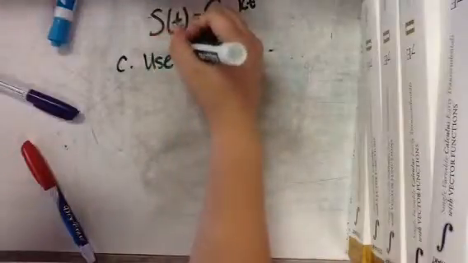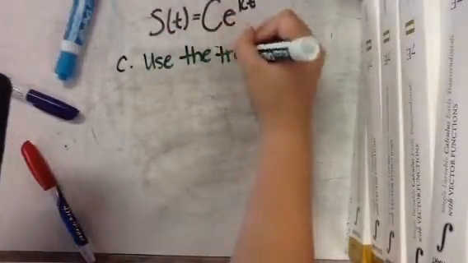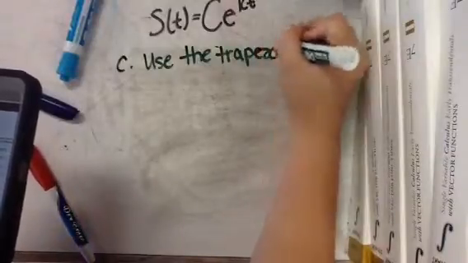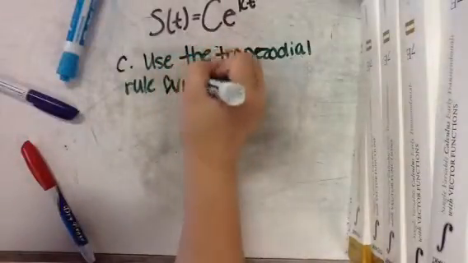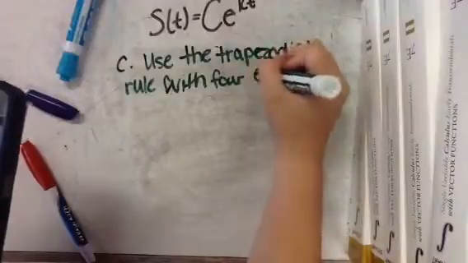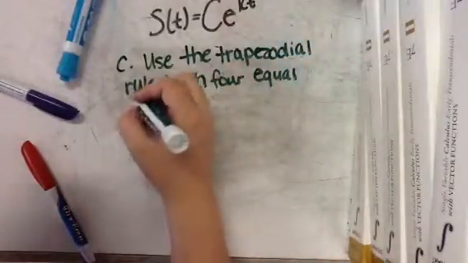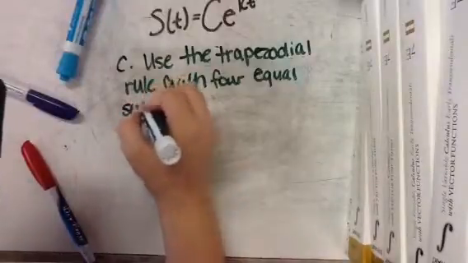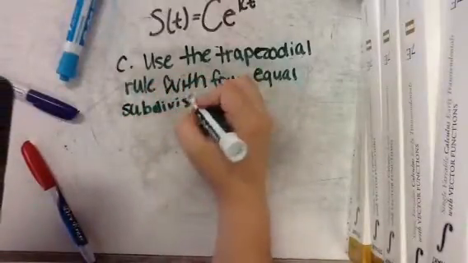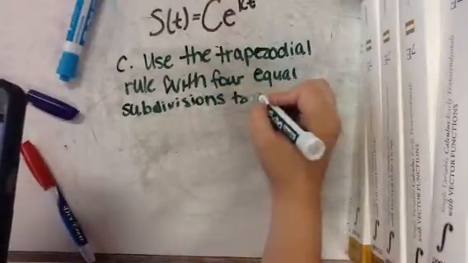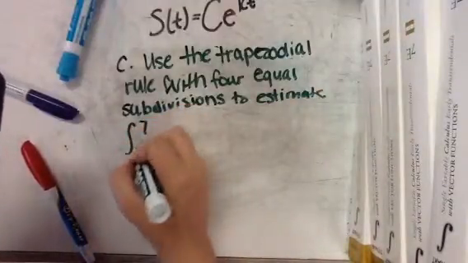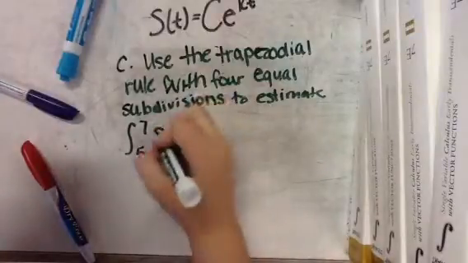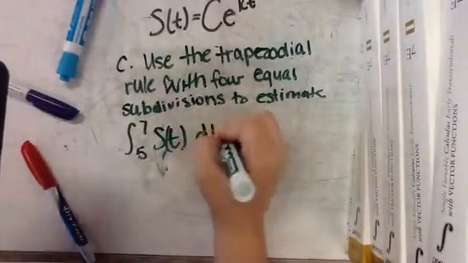Part C states that we want to use the trapezoidal rule with 4 equal subdivisions to estimate the integral of 5 to 7 of S of t dt.